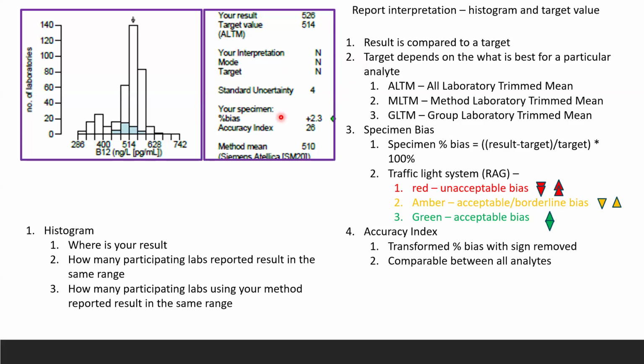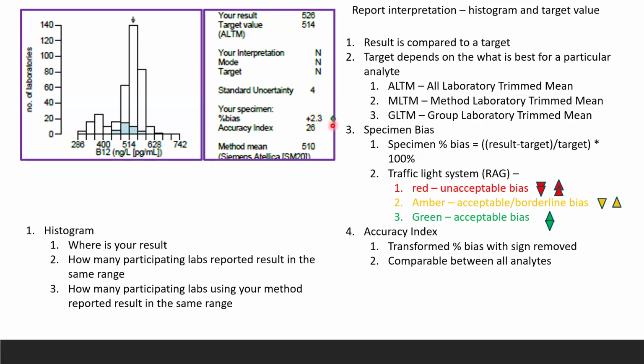It's calculated using this formula and then interpreted using the RAG, or red, amber, green traffic light system. Red means unacceptable bias, amber means acceptable but borderline bias, and green means acceptable bias. For our particular case, the bias is only 2.3%, and it's acceptable.